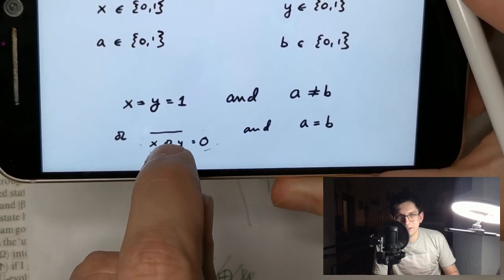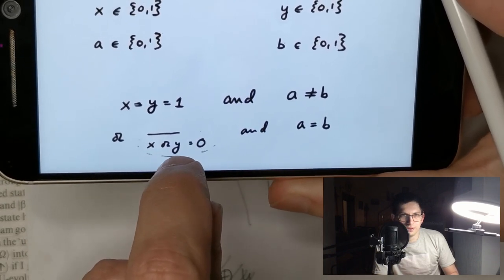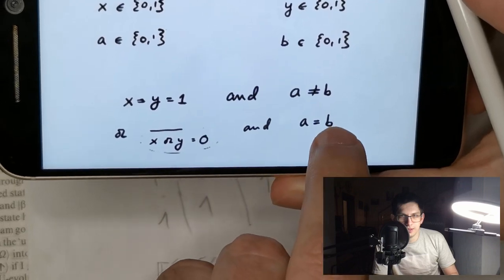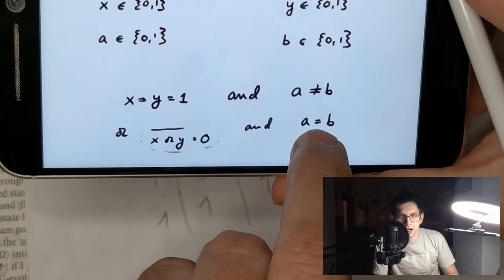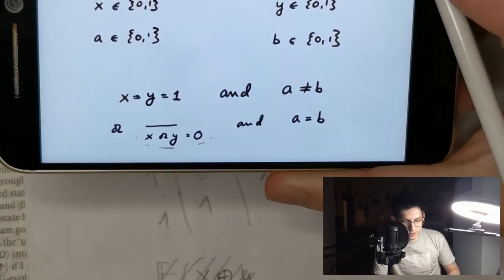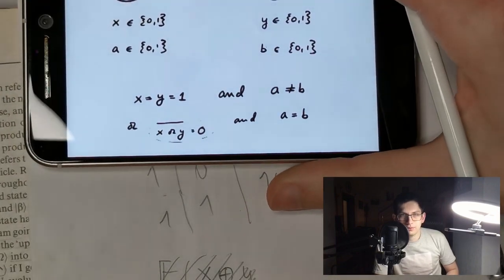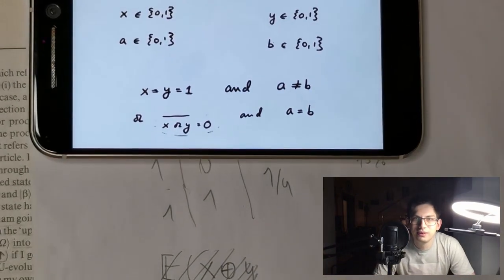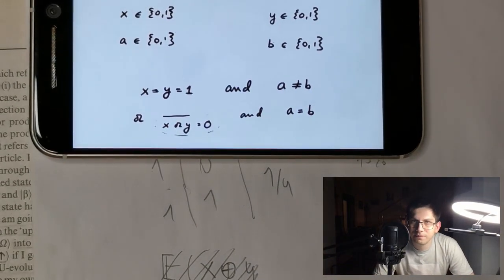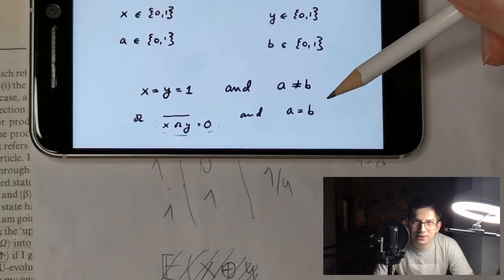And if the inputs are different or they are both 0, then we will win if our outputs are the same. Okay. So those are the winning cases.